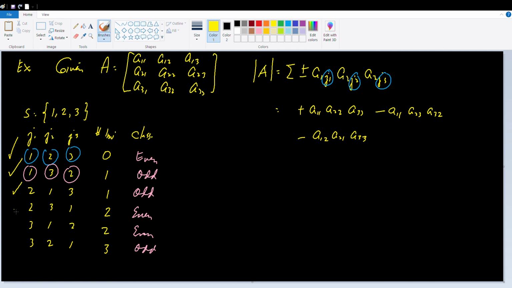Next, even. So it must be plus A12, then A23, A31. Next, 3, 1, 2. Even, so positive.